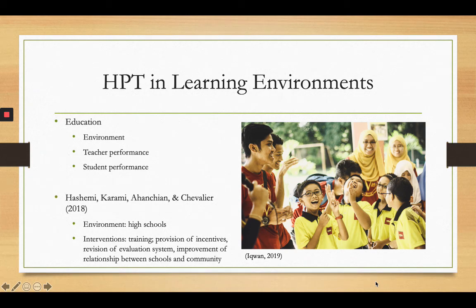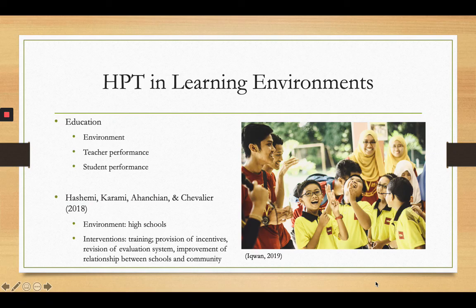As an example, Hashimi and colleagues described the application of human performance technology in 3 high schools in Afghanistan. In this article, practitioners conducted a performance analysis to identify poor performing schools and a cause analysis to identify the reasons for the poor performance.